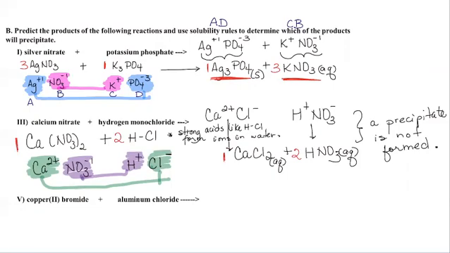Put a 1 in the chat if you want to do Roman numeral 5. I'm going to give you guys 2 minutes to go through Roman numeral 5. Write the chemical formulas for the reactants, exchange the ions, and write the correct chemical formulas for the products.